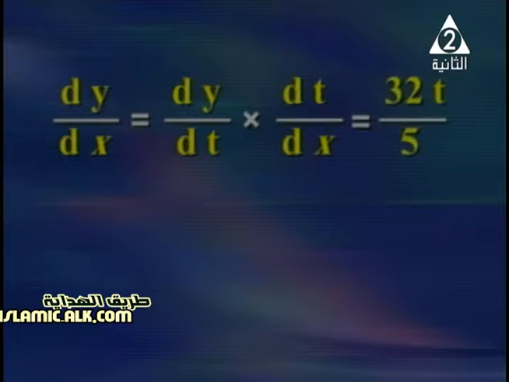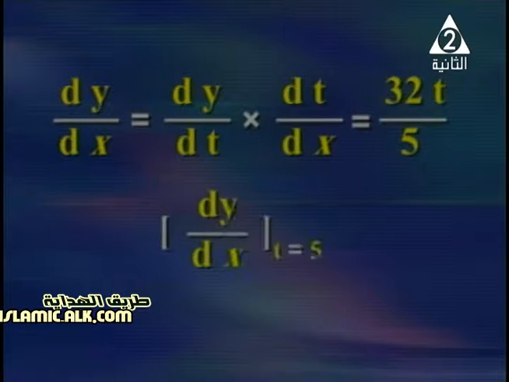32t over 5, by substitution at t equals 5. Therefore, dy over dx at t equals 5 equals 32. Why? Because 32 times 5 over 5 is 32.